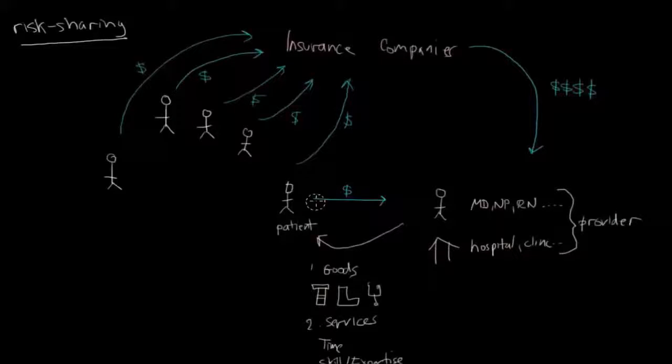So if patients do have insurance, they don't necessarily have to pay the large amount directly to the insurance company, but instead might pay a smaller amount called a co-pay or a deductible to help defray a small amount of those costs. But again, the lion's share of that money is going to come from the insurance company.